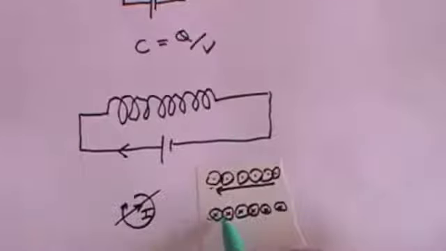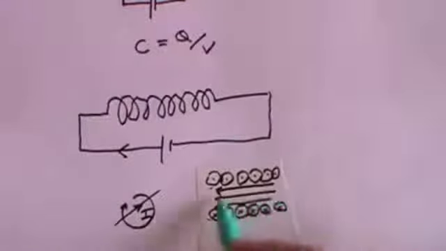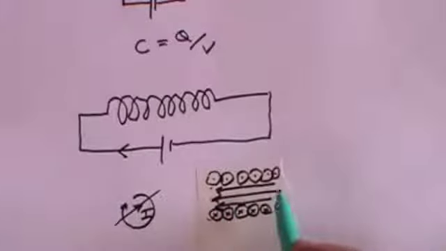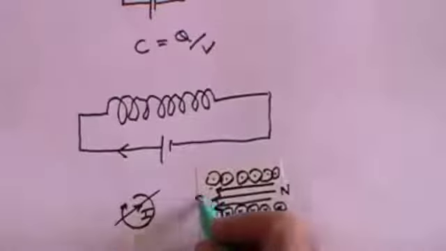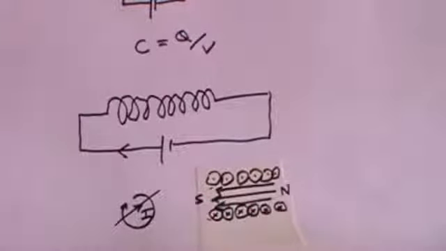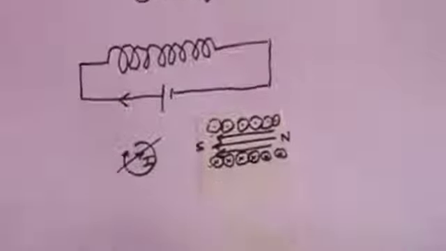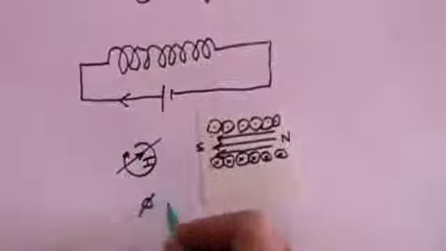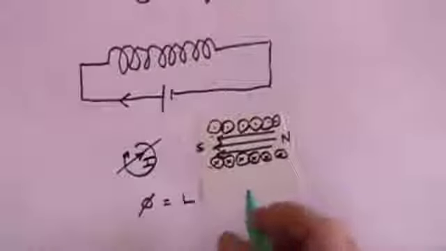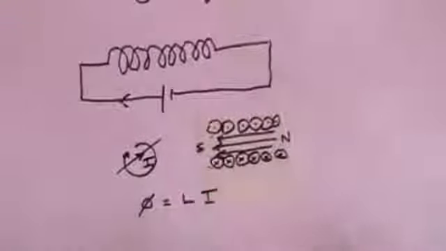At the bottom, the magnetic field goes round anti-clockwise, which means that within the centre of the solenoid, you've got a magnetic field going from one side to the other. So that could be north that side and south that side. You create a magnetic field within the solenoid. And the flux associated with that field, phi, is L, the size of the inductance, times the current flowing through the wire.